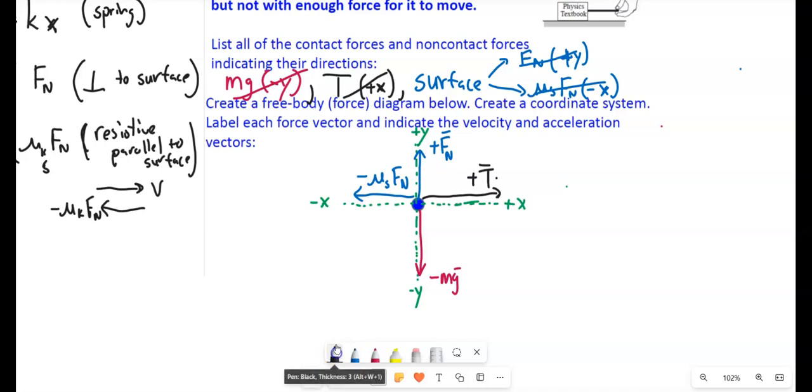In this case, the object is not moving in the x direction or the y direction. So off to the side, I'm going to list the velocity and acceleration in the x direction, which is not moving. And I'm going to list the velocity and acceleration in the y direction as well.